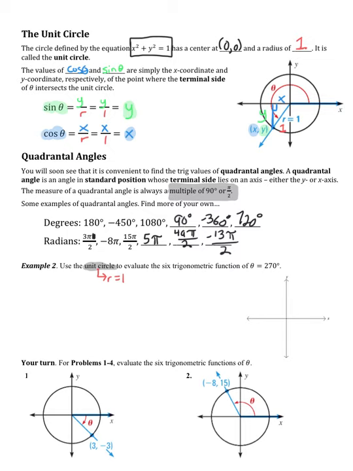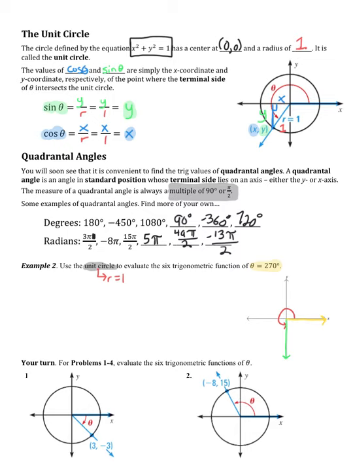To evaluate a trigonometric function, it says theta equals 270 degrees. So positive 270 degrees, that is an angle of rotation, which we've talked about on Monday and Tuesday. So I start on the positive x-axis and I rotate 270 degrees. And it looks like I'm going to end down here.